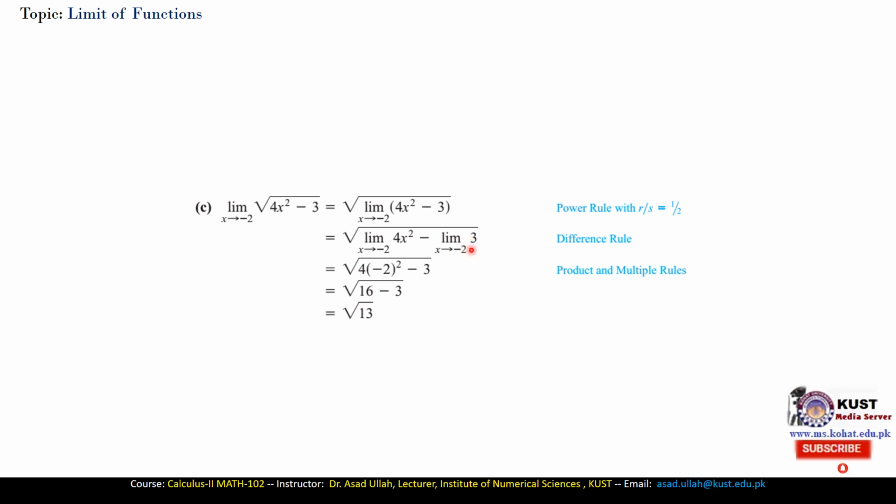The limit of the constant is the constant, so we get 3, and here we apply the constant multiple rule, so taking 4 common and applying the limit on the function x square, we get 4 times minus 2 whole square minus 3, which is equal to the square root of 16 minus 3, which is further equal to the square root of 13. So the limit of this function as x tends to minus 2 is equal to the square root of 13.